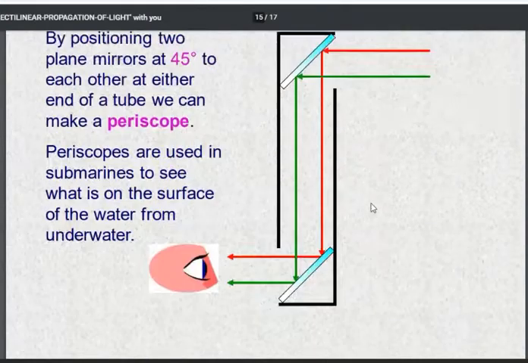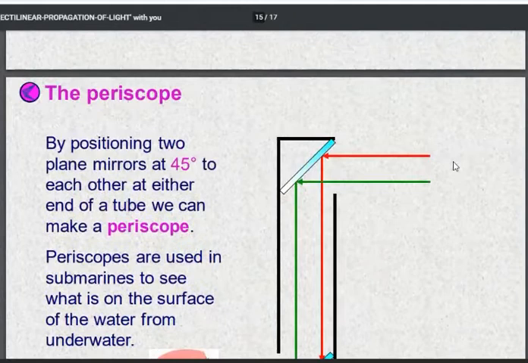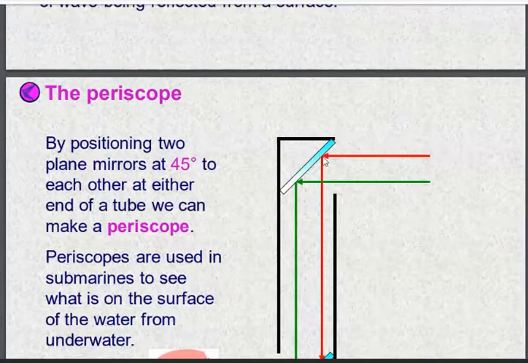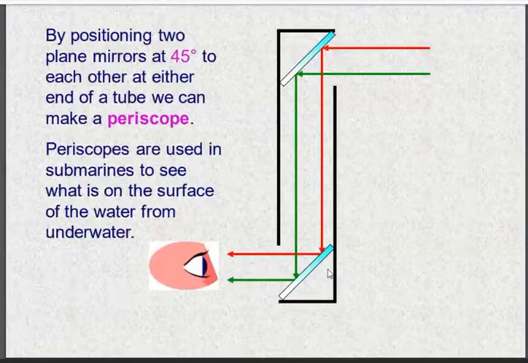Now what happens when a ray of light from this side comes and strikes this surface? It will bend through an angle of 90 degrees and follow this path, and again here it will bend through an angle of 90 degrees and follow this path.